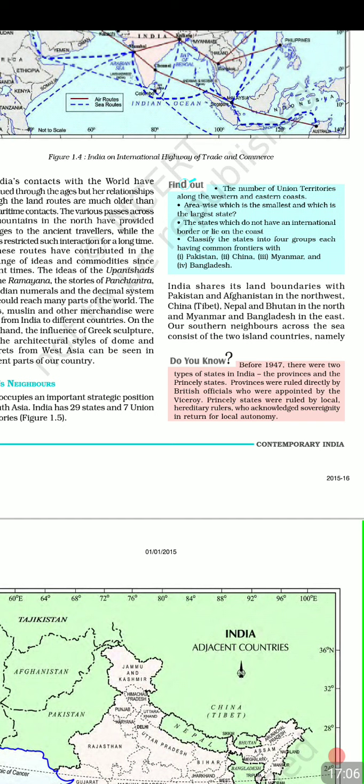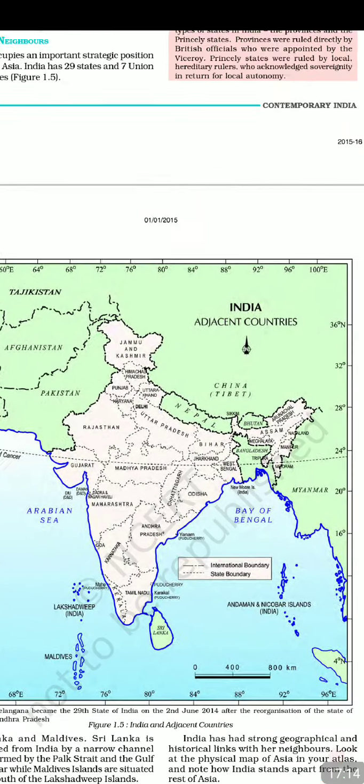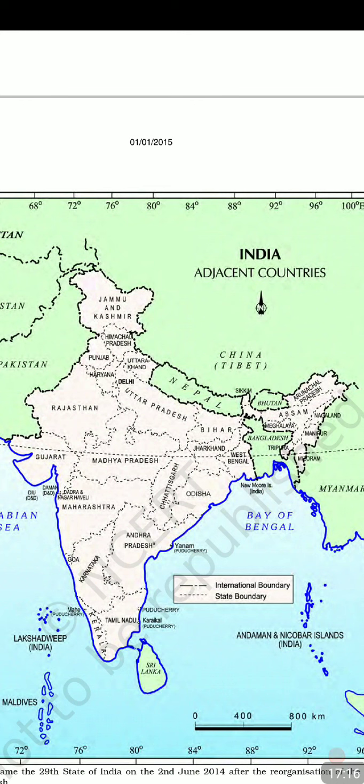And finally, the states which do not have an international boundary or lie on the coast. Some of the states which don't have international boundaries or lie on coasts are all of our Deccan states, 5 Deccan states: Karnataka, Andhra, Tamil Nadu, Kerala, and Telangana. Then Goa, Maharashtra.